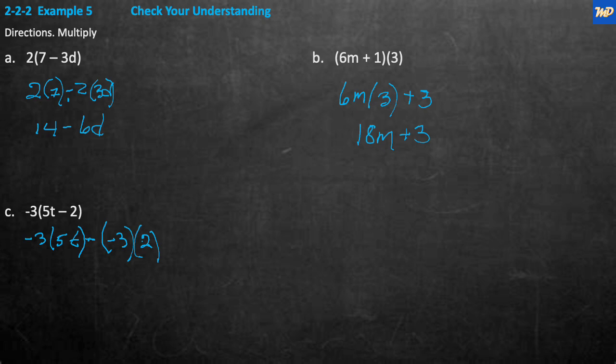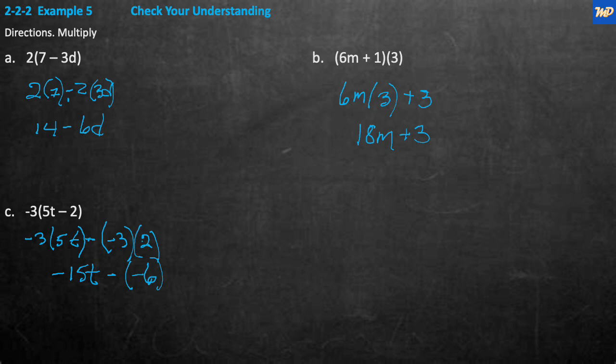Think through, when you have multiple negative signs like that, you have to make sure you keep them together and group them properly. And when you do that, then you just have negative 3 times 5t is going to be negative 15t. And now we have a minus. I'm going to do it the long way. Minus negative 3 times 2 is the quantity negative 6.